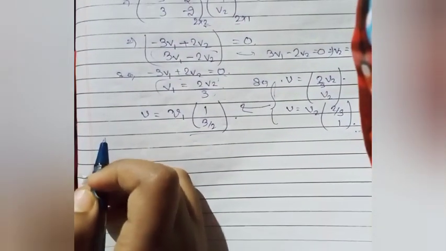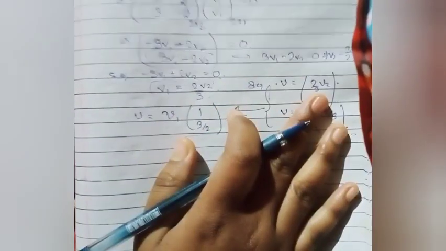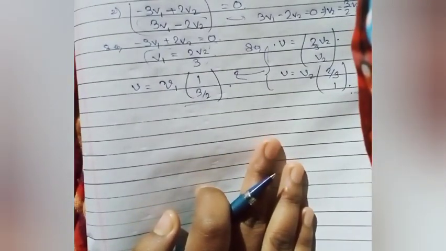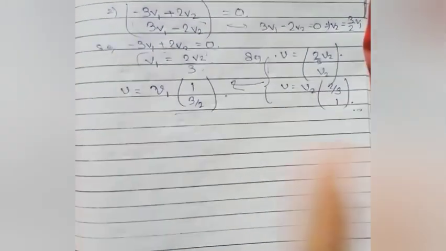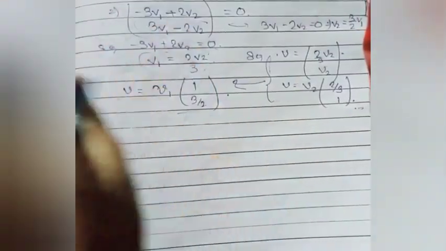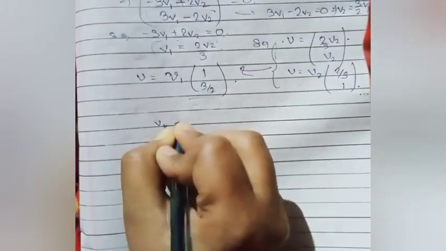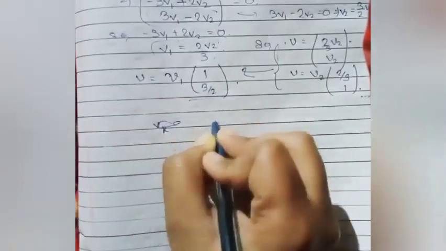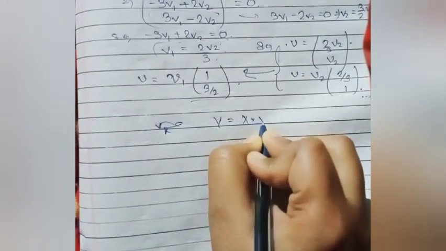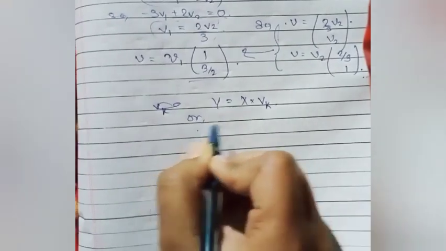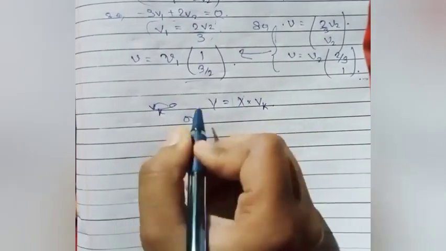Okay, right. Now after calculating this, how will we project the matrix into lower dimensional space? We will use this equation: Y equals X into Vk, where X is the original data matrix.